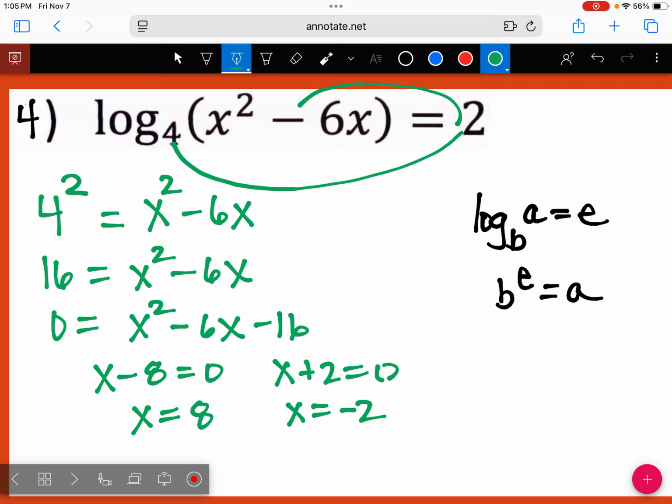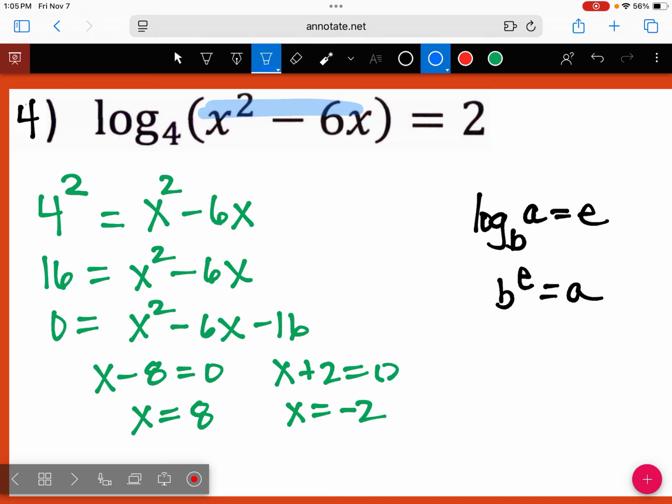But again, we need to make sure that we can use them. So I want you to just check it in the argument. So we need to make sure that 8 squared minus 6 times 8 is positive. If you need to check that in your calculator, you can do that. So it is positive. It doesn't matter what it is.